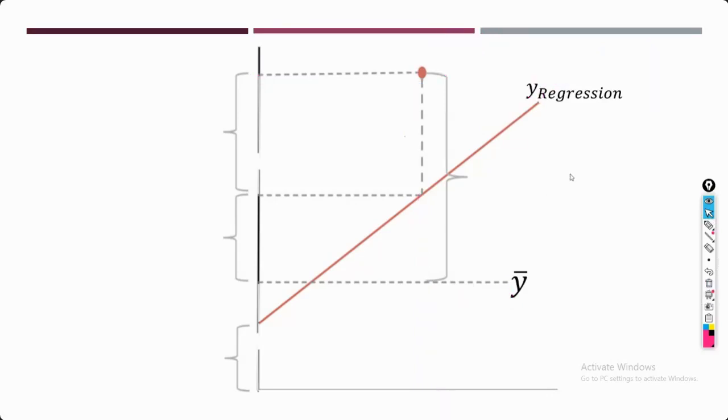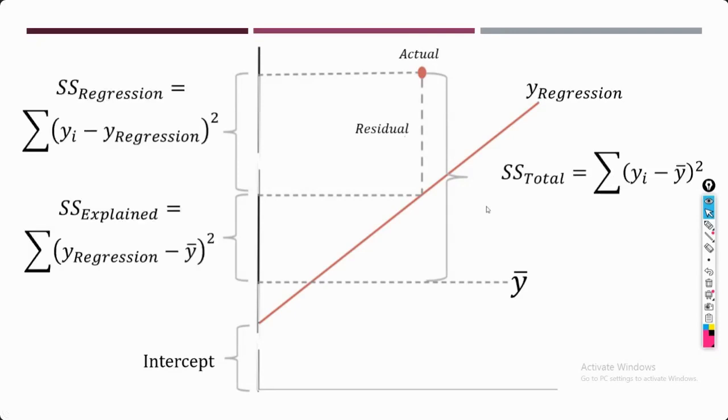Next, we are going to calculate your S total. So S total is this one. It is going to be the difference of your mean value with the particular instance, so we can write it in this format. It is just the difference between your actual value and your mean. So this is defining your S total.